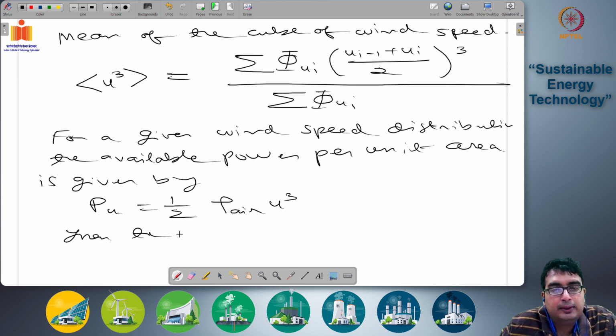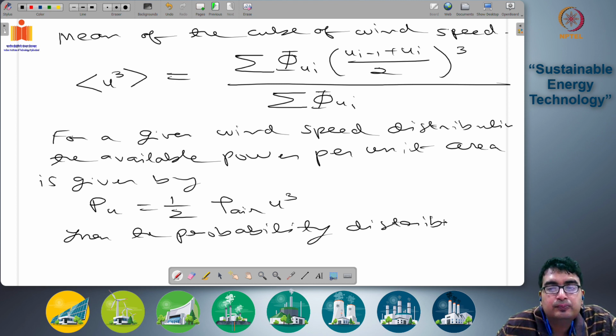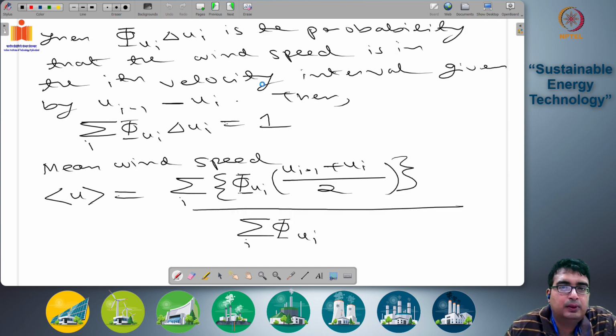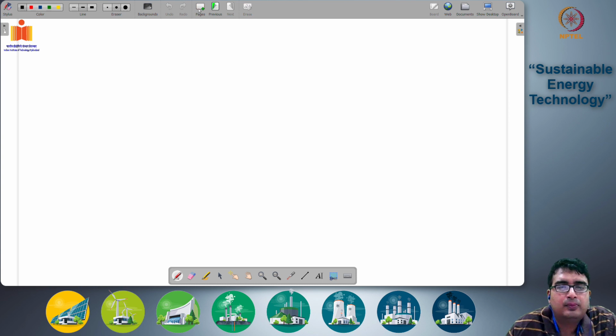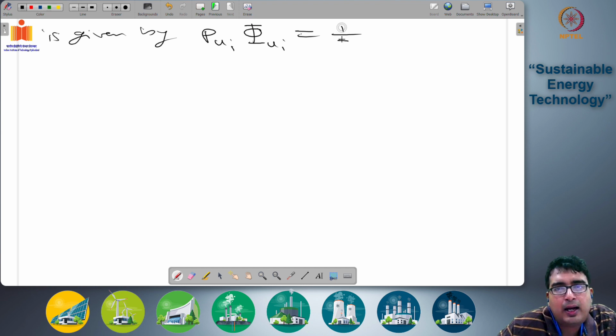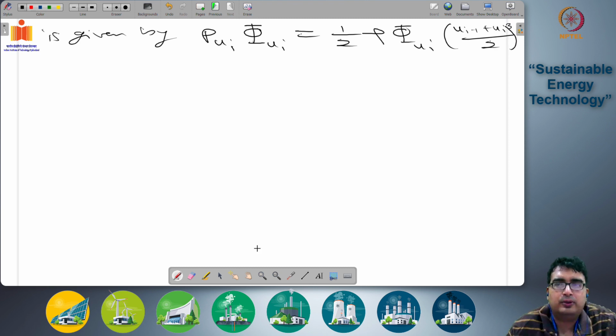Then the probability distribution associated with wind power is given by P ui phi ui equals half rho phi ui times ui minus 1 plus ui by 2 whole cube.